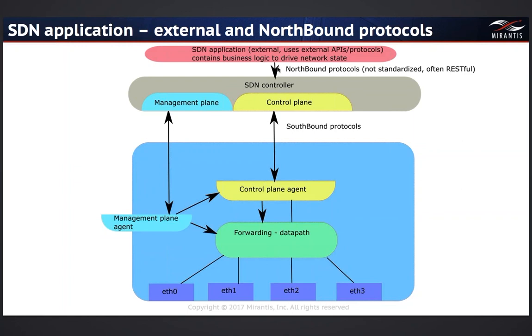This arrow is more to represent that network business logic to drive network state comes from the SDN application and is pushed to the SDN controller, and the SDN controller pushes it to the agent, and the agent reconfigures a data path to be in line with our business logic. So the whole chain basically translates what you want to get into configuration enforced on network devices.